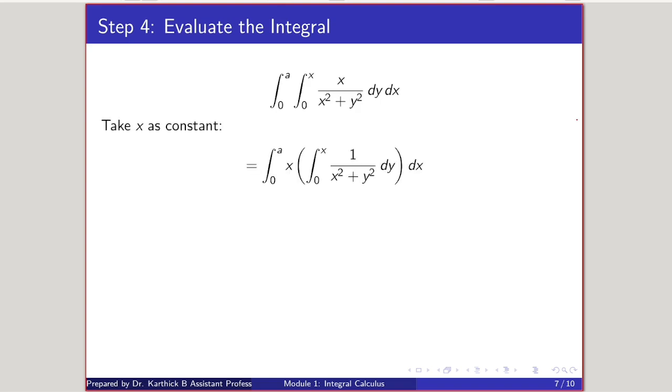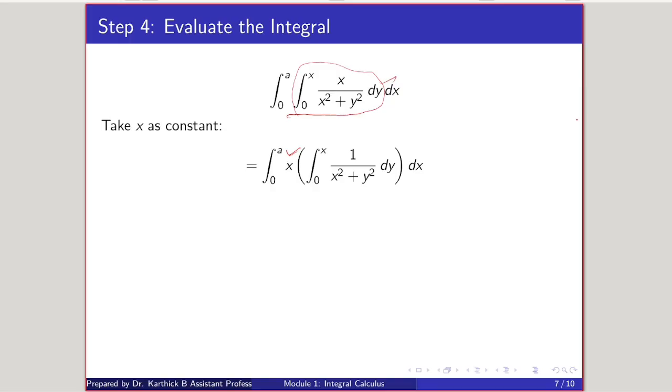First, we have to evaluate the inner integral with respect to y. So then x will be a constant, so I may take the x value outside the integral. So I keep the function 1 by x square plus y square.